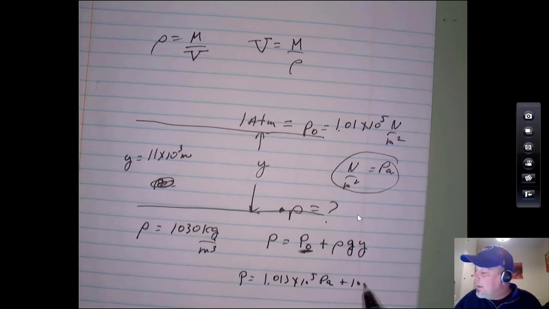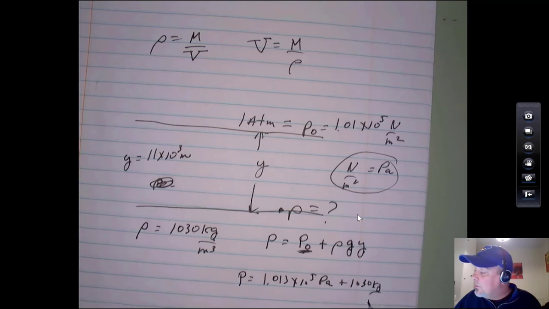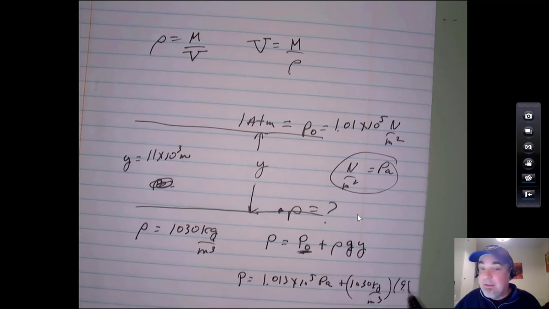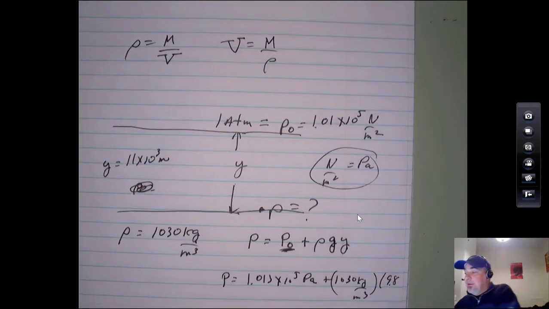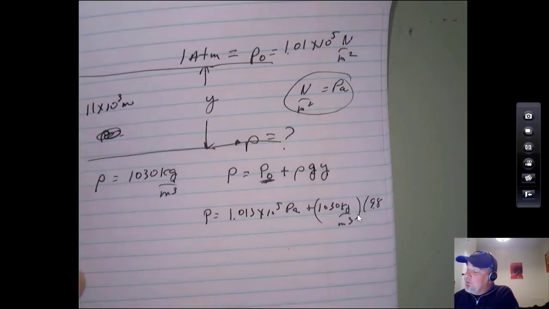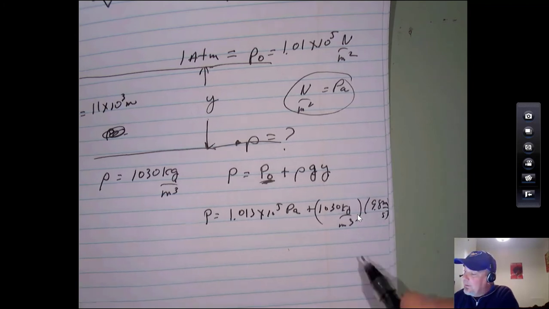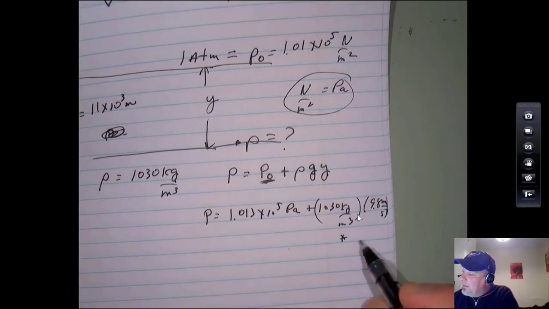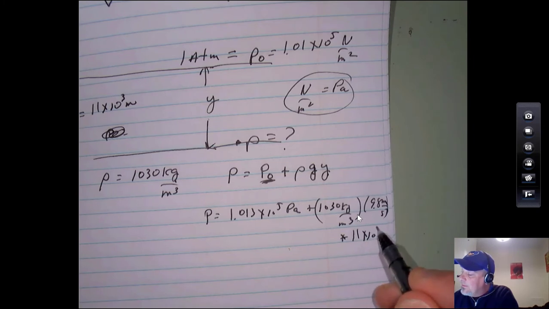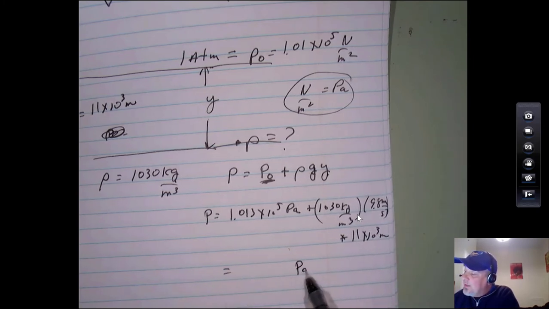Pascals, 1,030 kilograms per cubic meter times 9.8 meters per second squared, and then times 11 times 10 to the 3rd meters. I'm running out of room. You'll get this answer, and it will be in pascals.